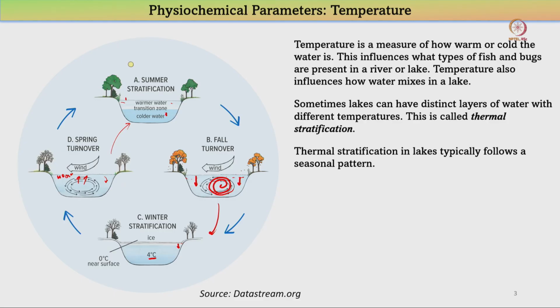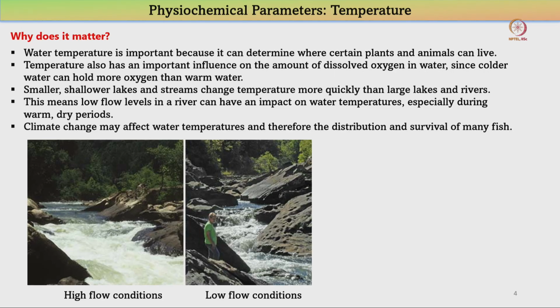Now, why is this so important? As I have already said, it determines the plants and animals that can live. Temperature also determines the amount of dissolved oxygen in the water, because colder water can hold more oxygen than warm water. So how much dissolved oxygen is there is extremely influenced by temperature.